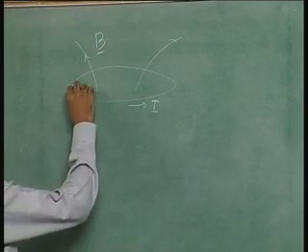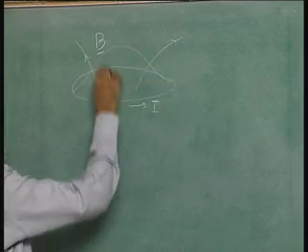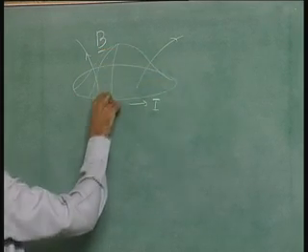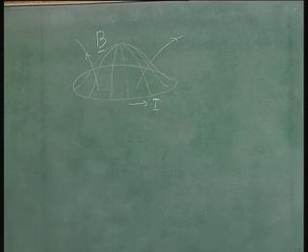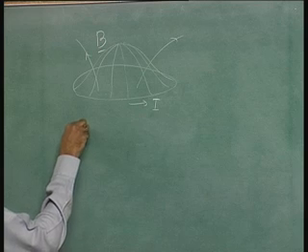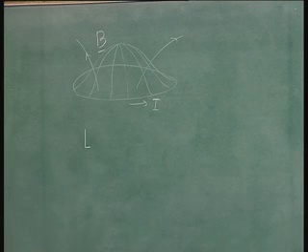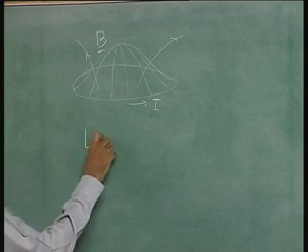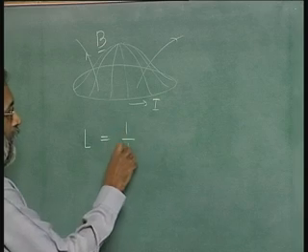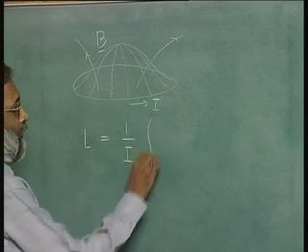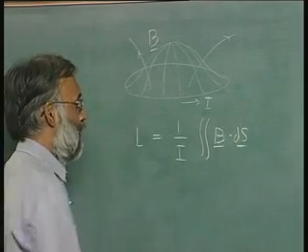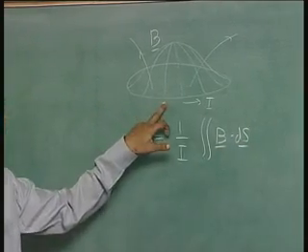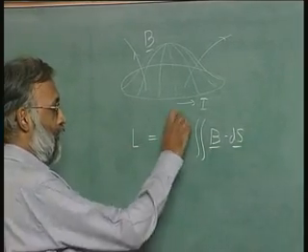You define any arbitrary surface that connects to that loop, and then you define that the inductance L is equal to 1 over I, the surface integral B dot ds. If there are n turns of this coil, then you put a factor of n.